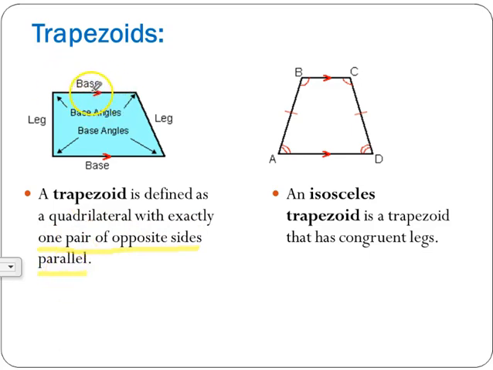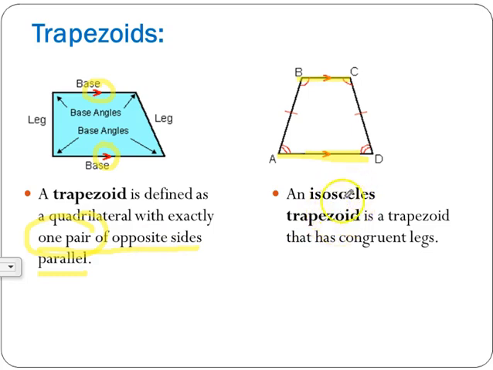So in order to be a trapezoid, we only need one set of opposite sides that are parallel. Remember that little arrow lets us know that these two sides are parallel. A trapezoid is different than a parallelogram, because in parallelograms all opposite sides were parallel, whereas in a trapezoid we only have one pair of opposite sides that are parallel.